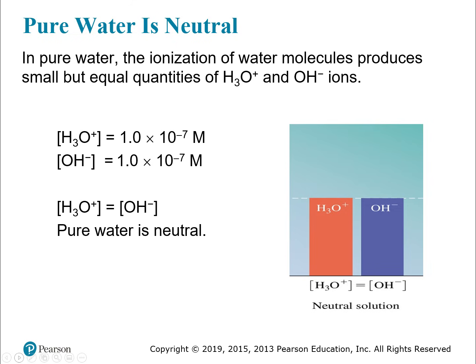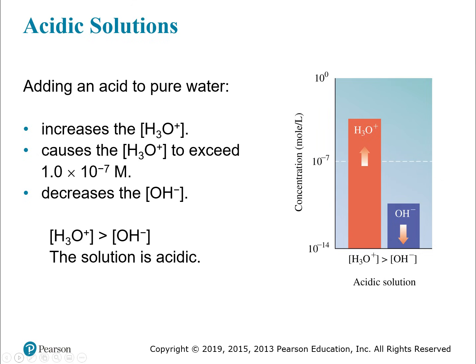So in pure water, we said that hydronium and hydroxide are equal. That means the concentration for both of those is 1 times 10 to the minus 7. That's a neutral solution. If you add acid to pure water, you're going to increase the hydronium concentration.